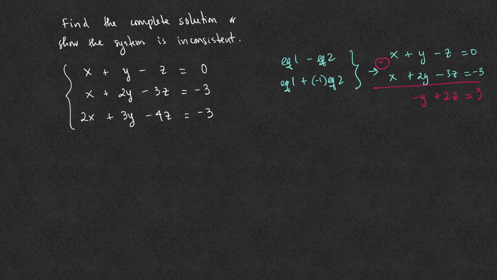So we have the equation y minus 2z equals negative 3. This will be one equation in an equivalent system.